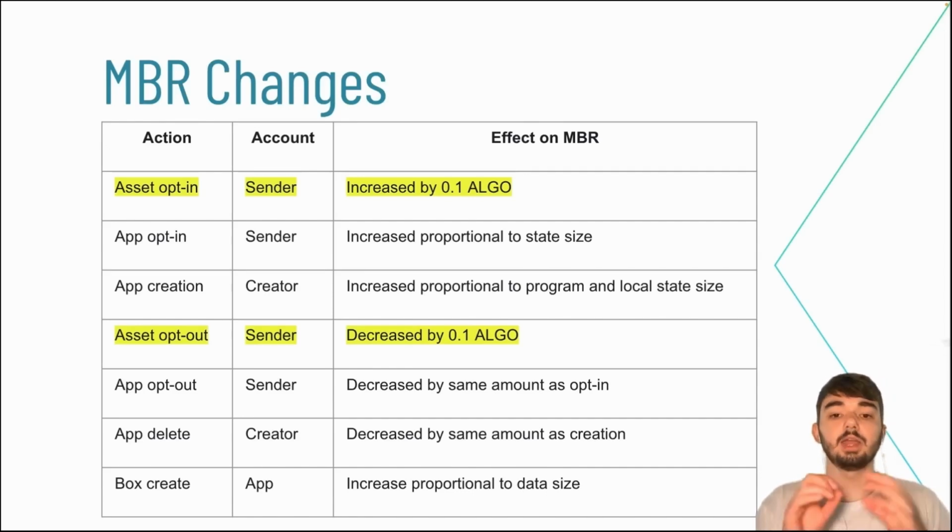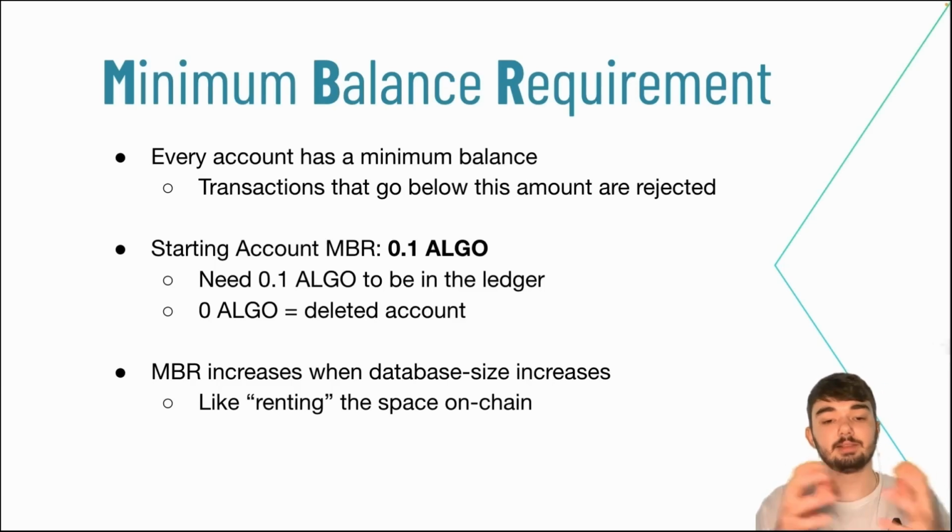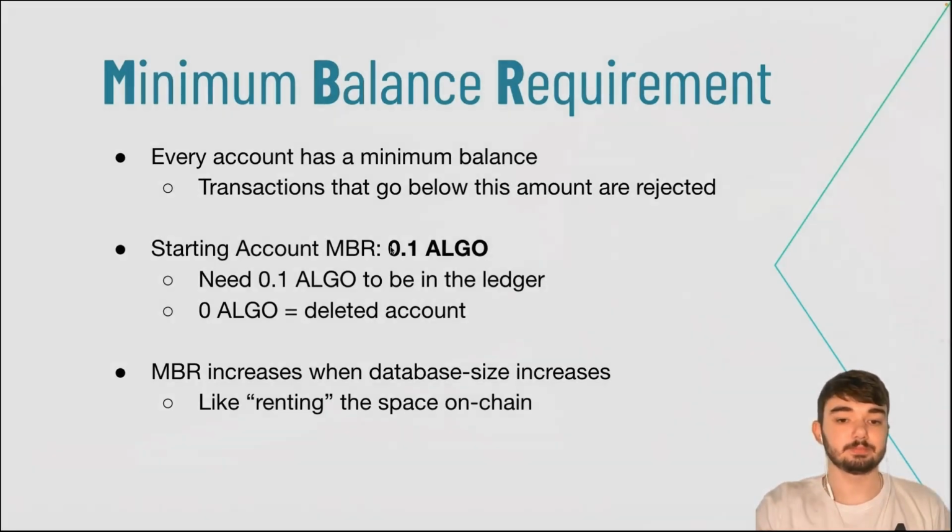So in order for Bob to receive that asset, first he has to be in the ledger. And in order to be in the ledger, he needs 0.1 algo. Next, we need that account to increase its minimum balance requirement and opt into the asset by increasing its minimum balance requirement by another 0.1 algo. So we need Bob to have at least 0.2 algo.